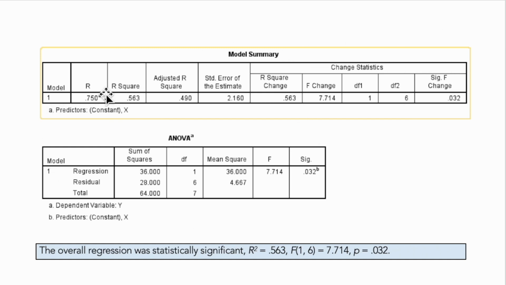And here you have the ANOVA output as well. And this is how your output should look like. The narration, APA style. The overall regression was statistically significant. R squared equals 0.563, comma, F numerator DF, denominator DF, F value, and the P value.